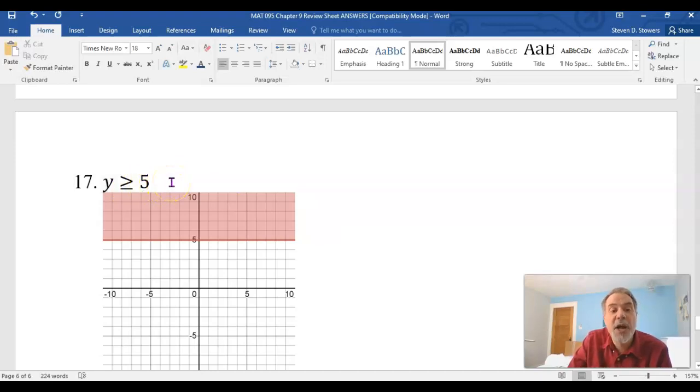If this just said y is greater than 5, I would have made it a dotted line. And then I want to shade everything above the line where y is greater than. Up here are the points where y is greater than 5, like y might be 10 or 7 or something like that, but not the points down here because that would be where y is less than 5.